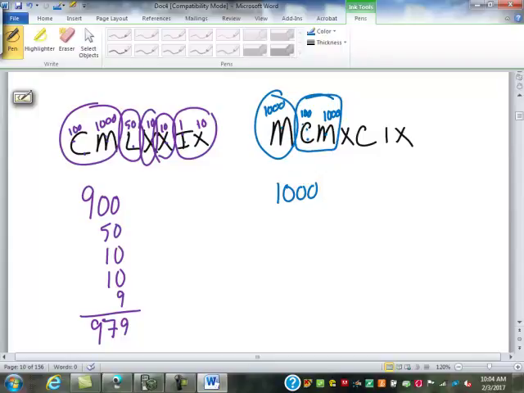So C and M combined to make 900. 1,000 minus 100. X is 10. C is 100. So that means I'm combining those two to make 90. I is 1. X is 10. So I have to combine those two to make 9.